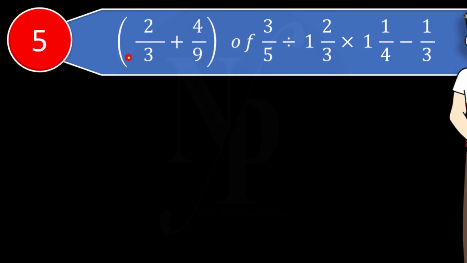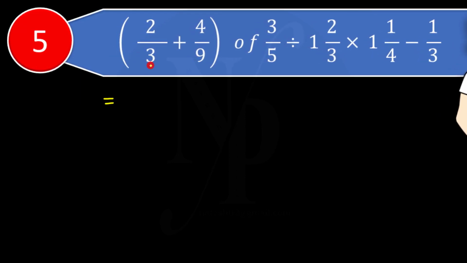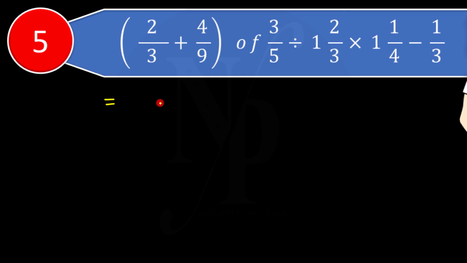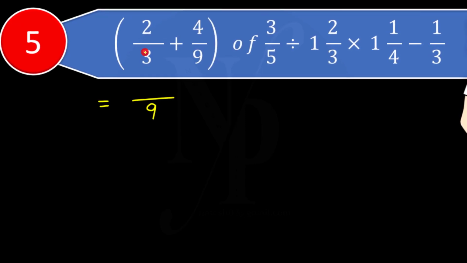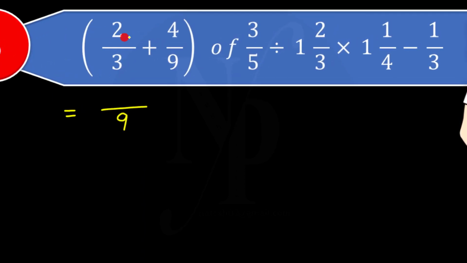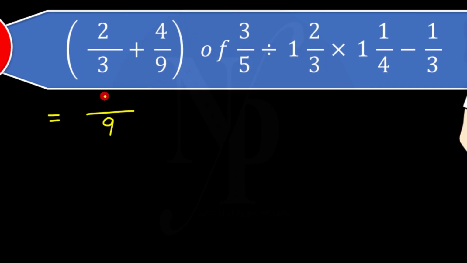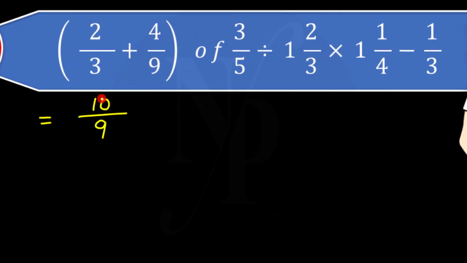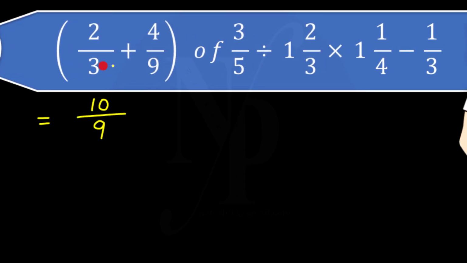First let us remove the brackets. LCM of 3 and 9 is 9. So the numerator here becomes 2 3s are 6. 6 plus 4 is 10. So on simplifying the terms within the brackets, we get 10 by 9. And we know of is nothing but multiplication.